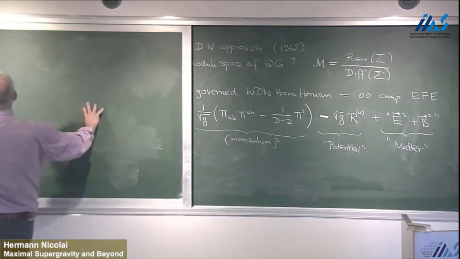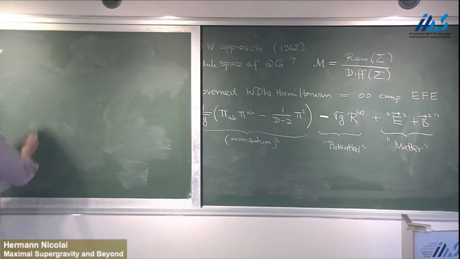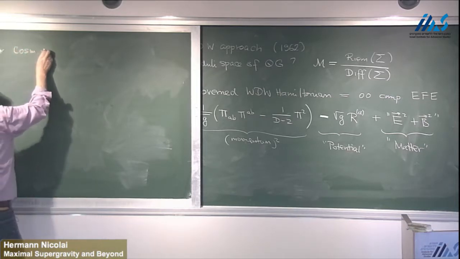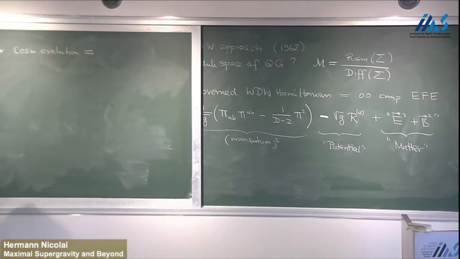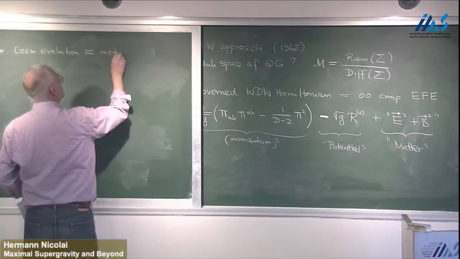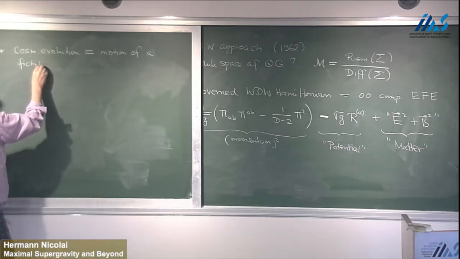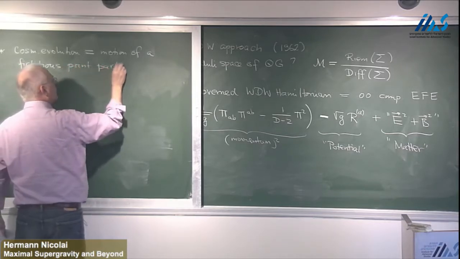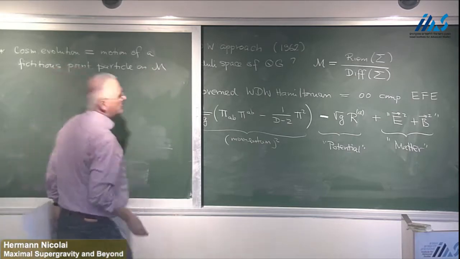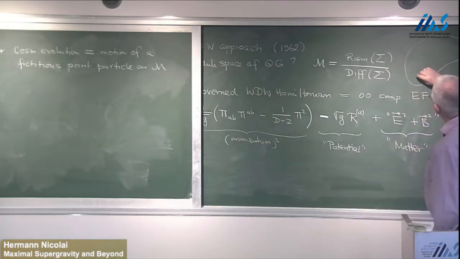So let me say this again. Any basic features? Let me first of all say cosmological evolution can be thought of as the motion of a, of course, fictitious point particle on M. So if you could picture this, some manifold, and then you simply describe the evolution like this as a function of time.